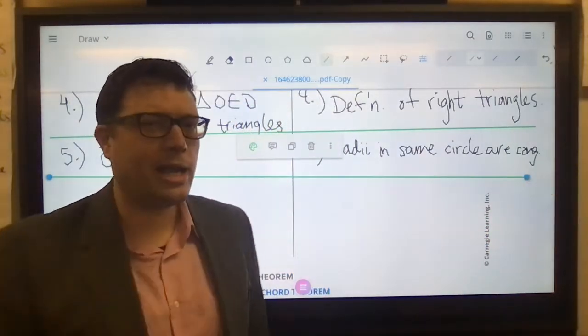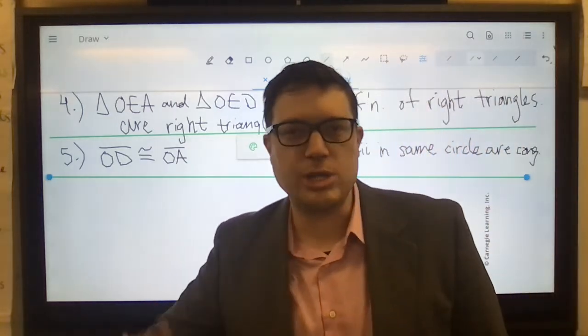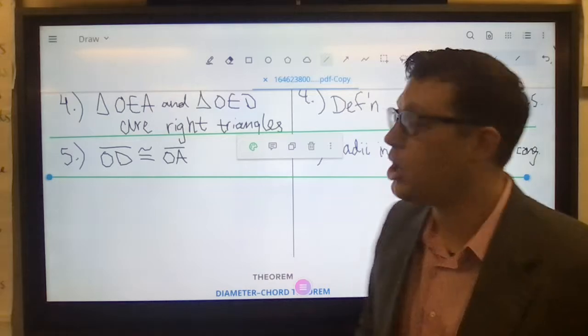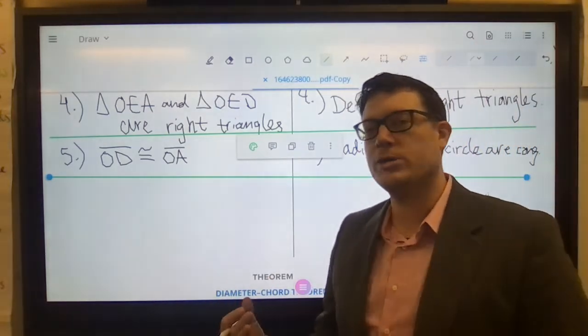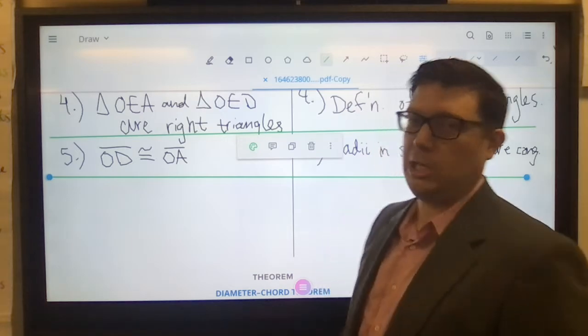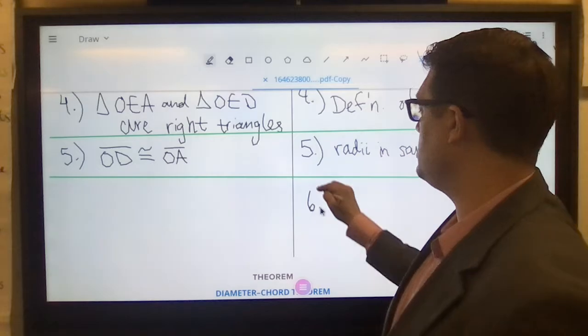It looks like we're setting up some sort of equal triangles, like one triangle and the other triangle are the same. That way, if those 2 triangles are the same, then the sides that correspond, DE and AE, are going to be congruent by CPCTC. So I'm going to jump into statement 6.